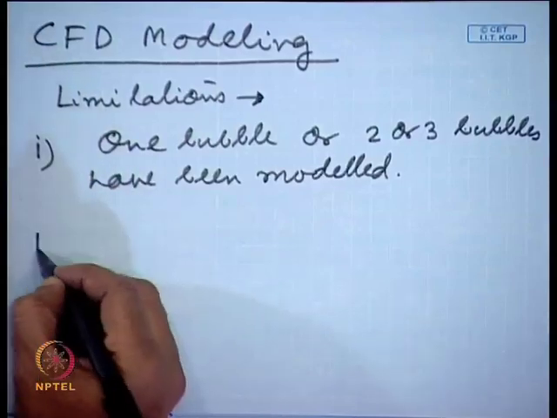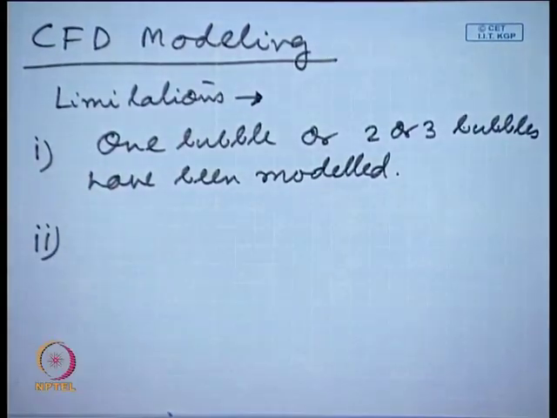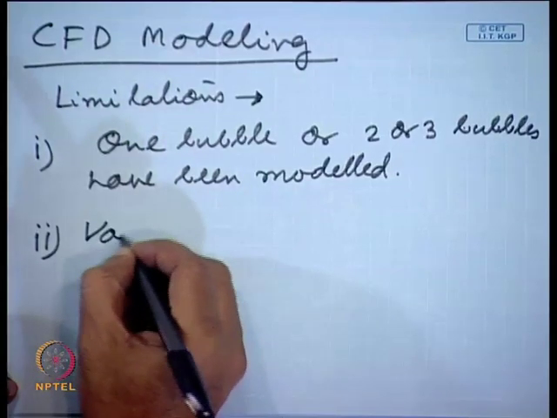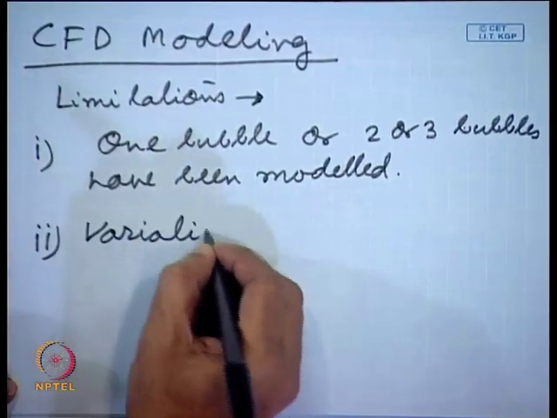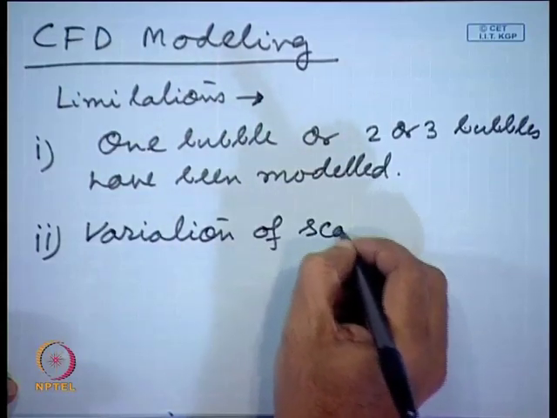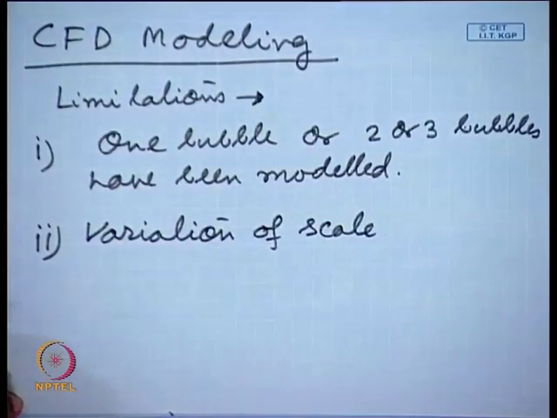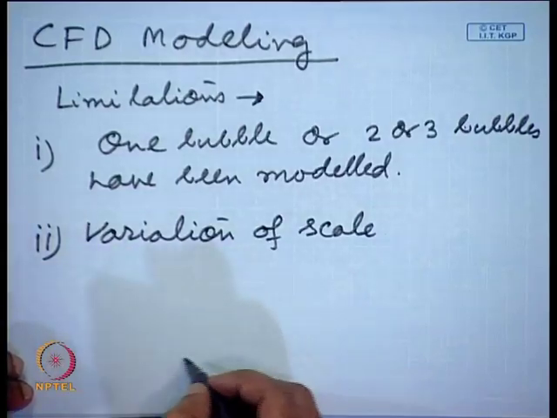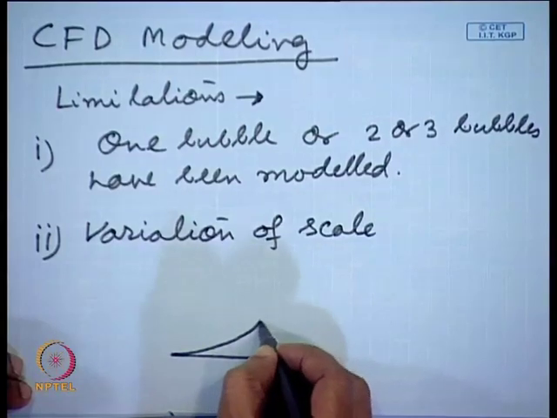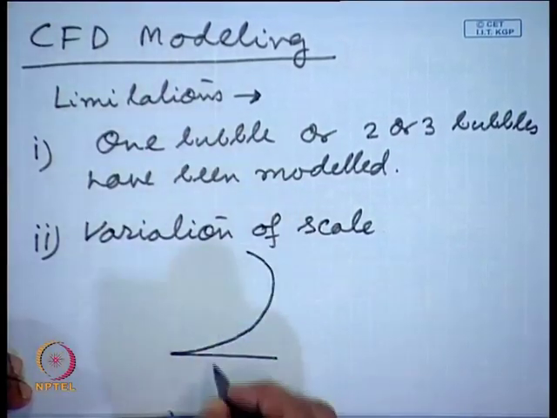Second restriction is variation of scale. Variation of scale means, as I have told, that we have got a bubble.